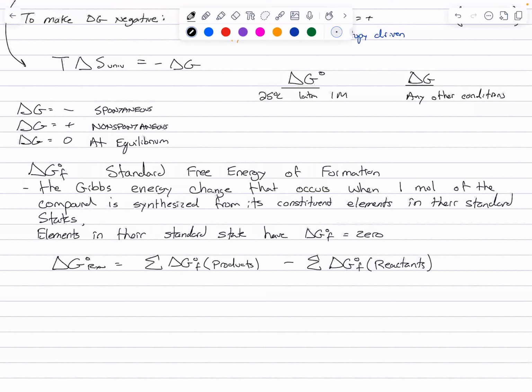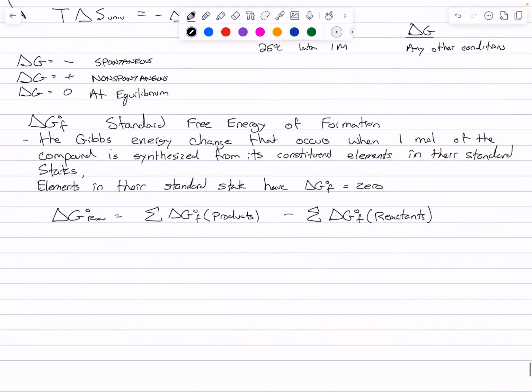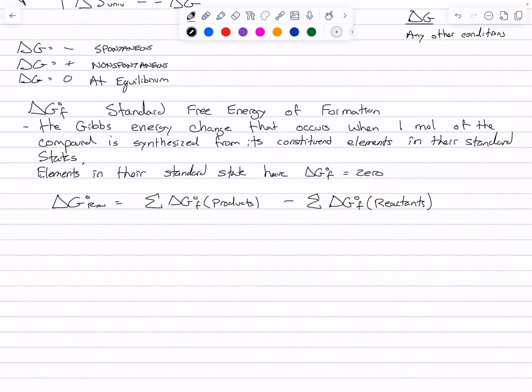Now, before we go, this is important, there's a temperature at which the spontaneity changes.